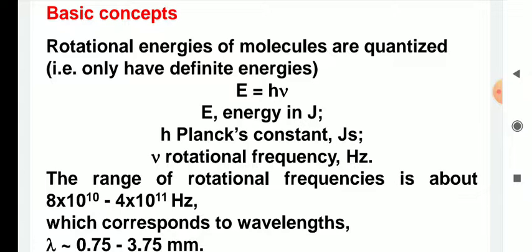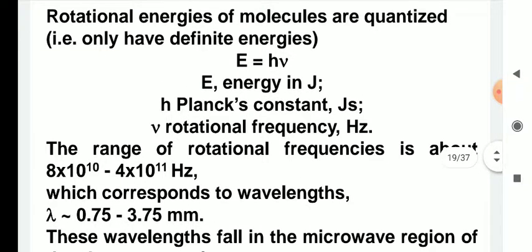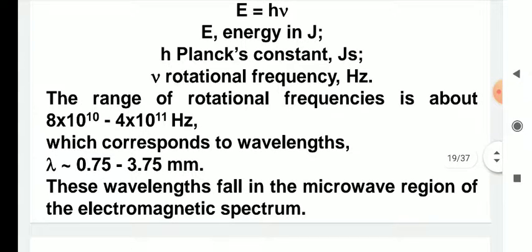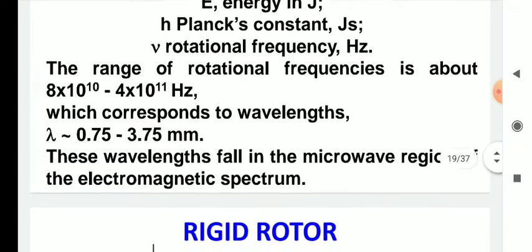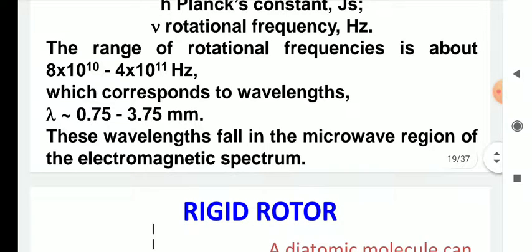The equation E is equal to h nu, where E is the energy in joules, h is Planck's constant in joule second, and nu is the rotational frequency in hertz. The range of rotational frequencies is about 8 into 10 raised to 10 to 4 into 10 raised to 11 hertz.